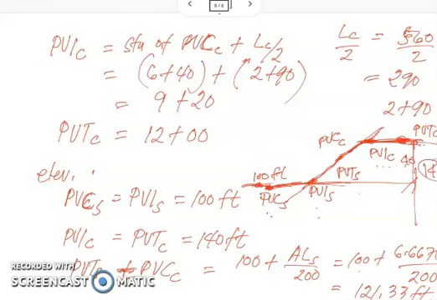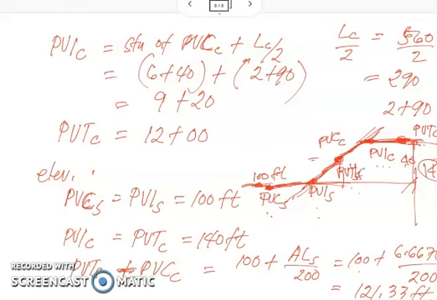Therefore, for our PVT for the sag and our PVC for the crest vertical curve, if this is our tangent line, we make use of our offset, which is our y of f.